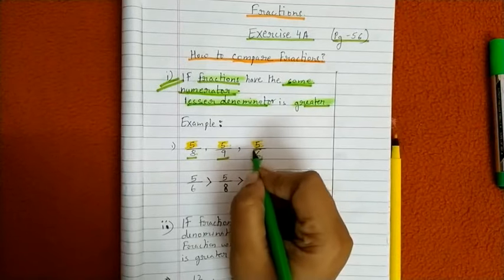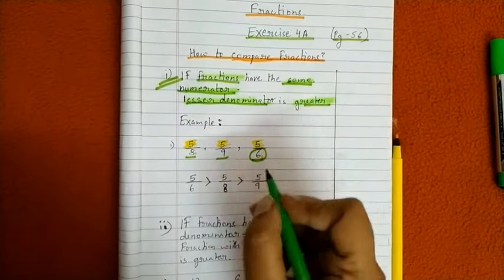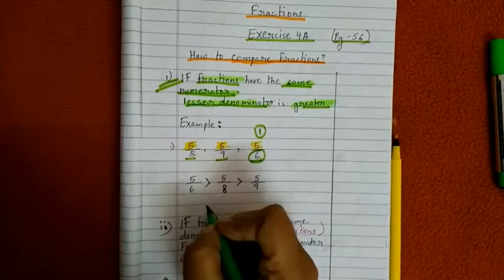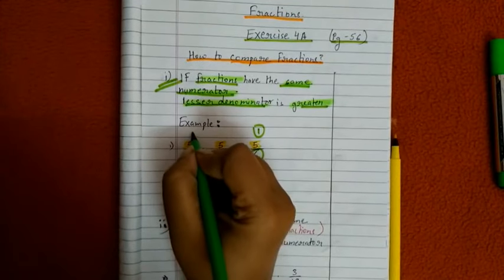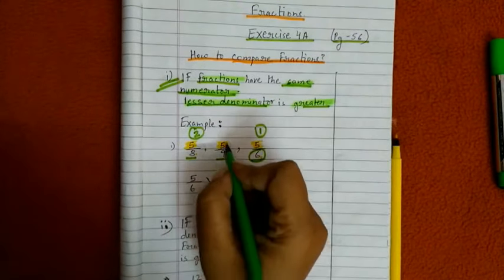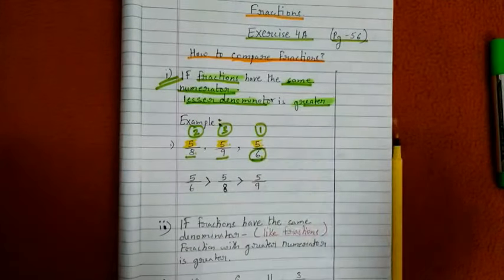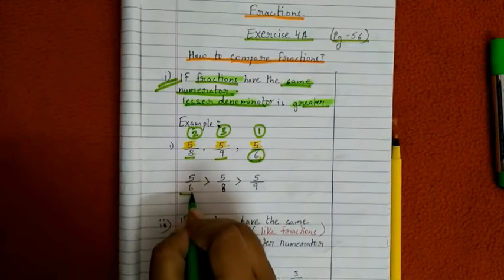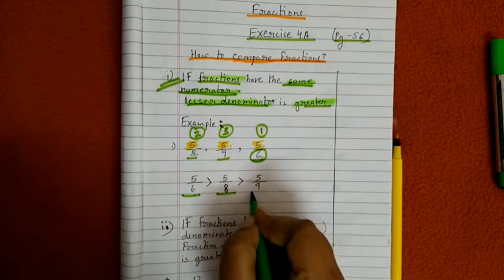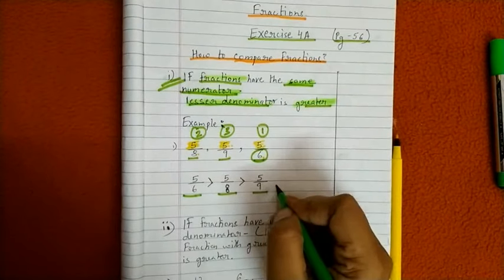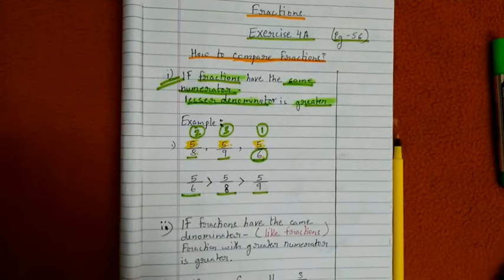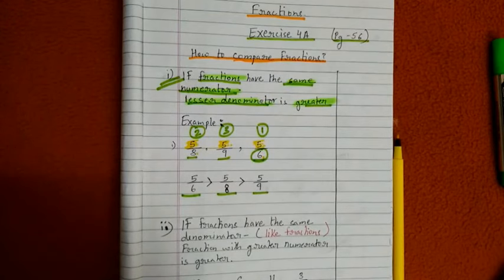So 6 is the smallest, so it will be first. Then 8 will be second, and 9 will be third. Is it clear, children? So 5 upon 9 is the smallest one and 5 upon 6 is the biggest one. Is it clear, children?